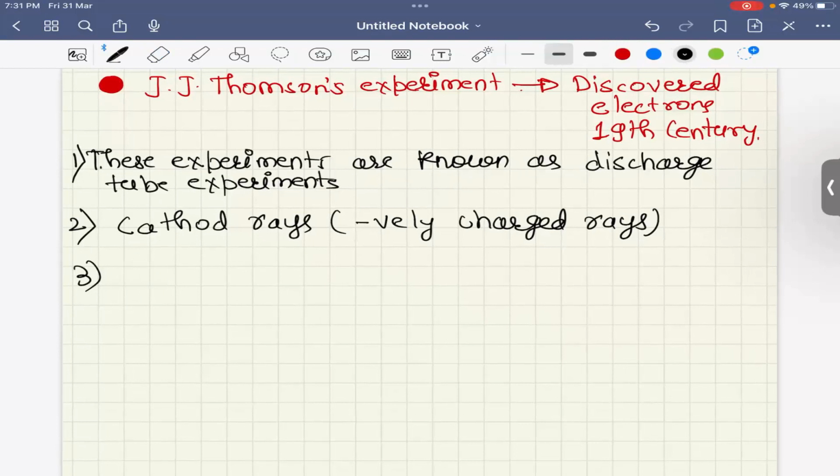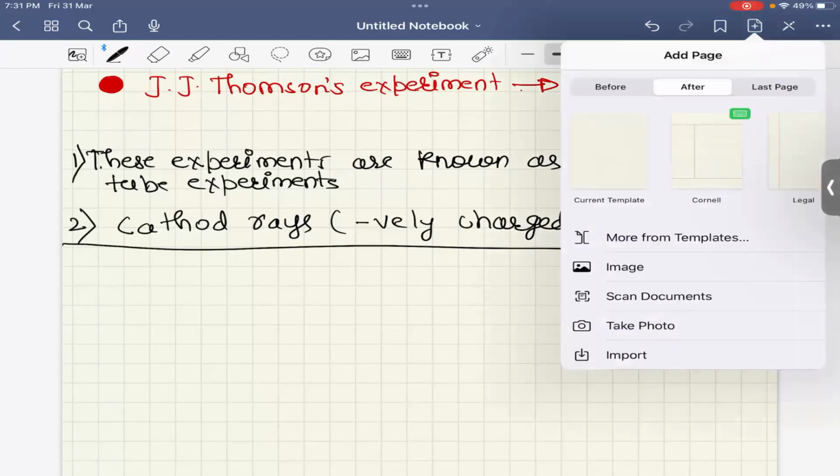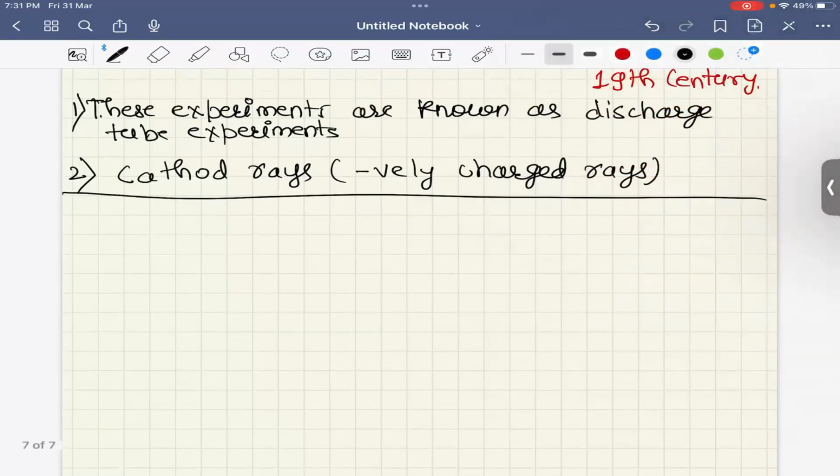So now we'll discuss the experiment. Let me first grab the image.